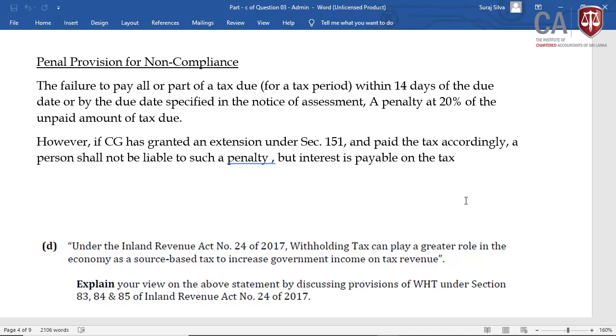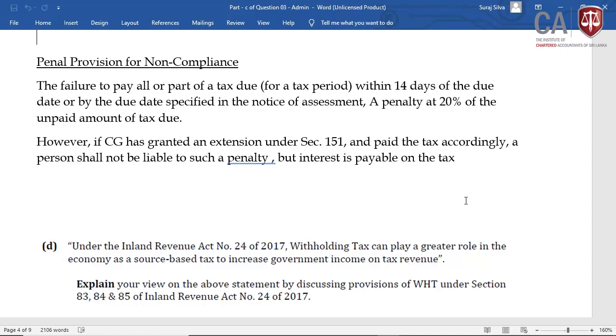However, if the Commissioner General has given a time extension under section 151, then the person shall not be liable to such penalty, but 1.5% interest is liable. This is not an answer, but an explanation in a highly theoretical area for you to understand the payment of tax.